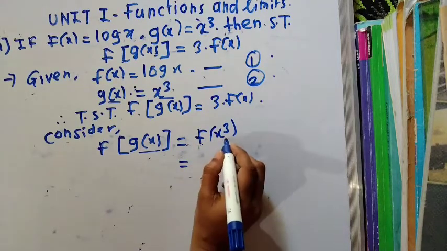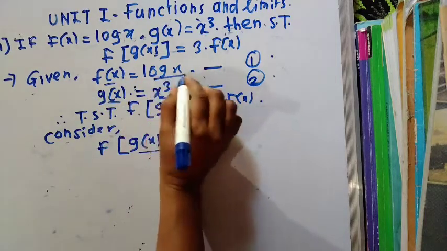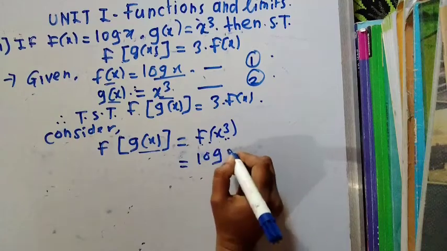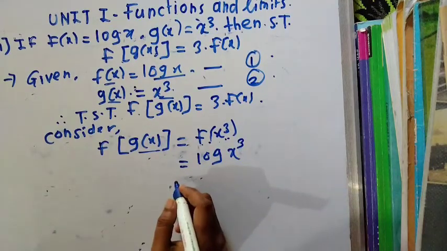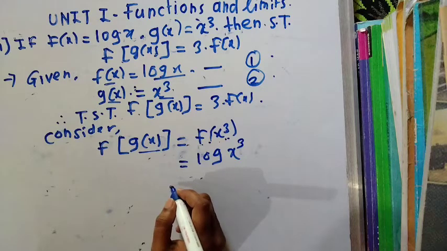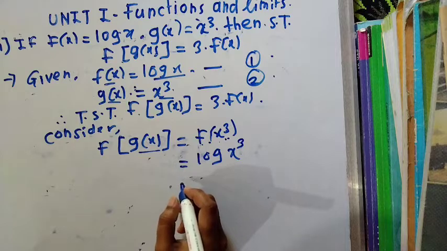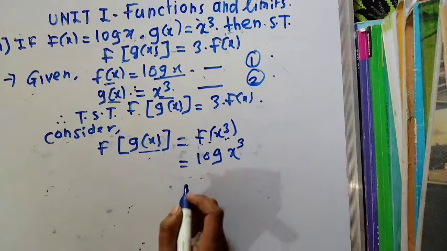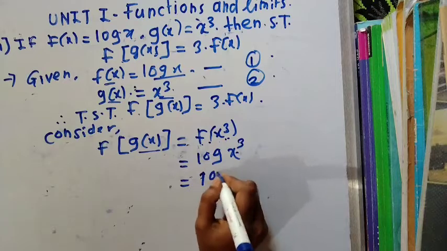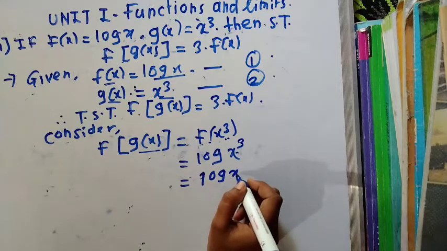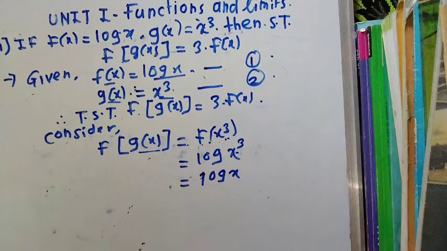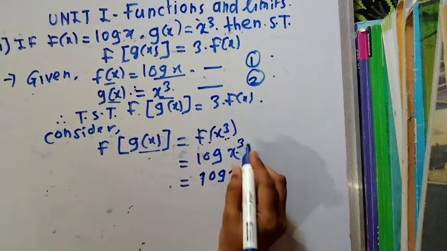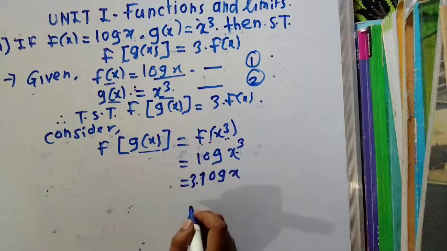But here f of x, its value is log x, so this value is log x cube. So this can be written as 3 into log x.